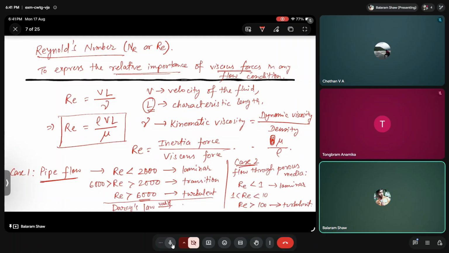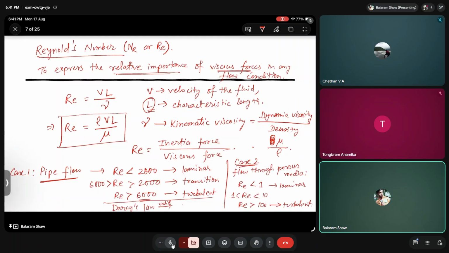However, in many groundwater flow conditions, you will see that the Reynolds number is even less than 1. Here we are saying that Darcy's law is valid for Reynolds number less than 10. However, in most groundwater flow, the Reynolds number is even less than 1. Okay, except if there is heavy pumping somewhere, in that case the Reynolds number will increase. Okay, and we also know that in the last class we have seen that Darcy's law is only valid for laminar flow. Okay, fine.